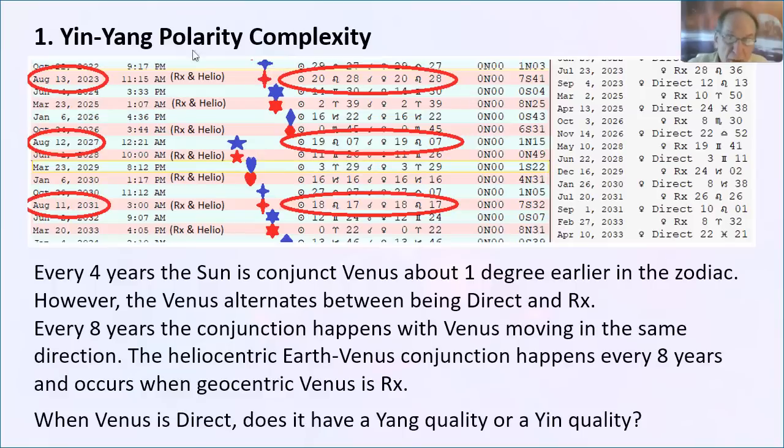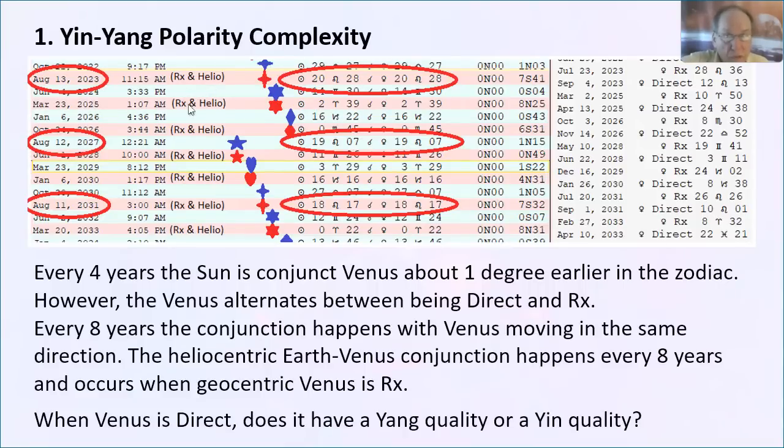So for example, on August 13th, 2023, Sun and Venus will be conjunct. And I put it in a pink background, and I put a little red image here to identify that Venus is retrograde. The next one will occur 9.5 months later, and Venus will be direct.